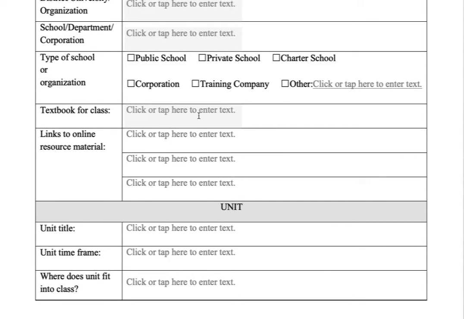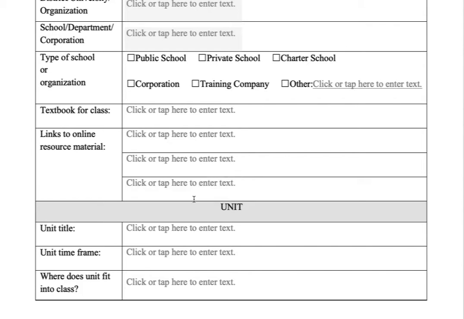And then below that, you will type in the name of the textbook for your class, such as Reveal Algebra 1. And then below that, if you have a link to online resource materials for the course that you're teaching for your unit or the curriculum that you're using, simply copy and paste that link into the appropriate box.